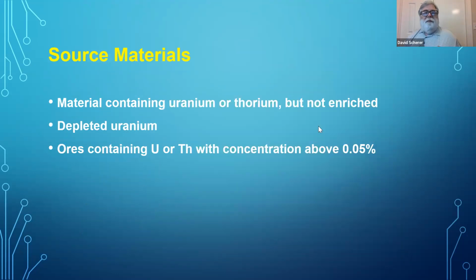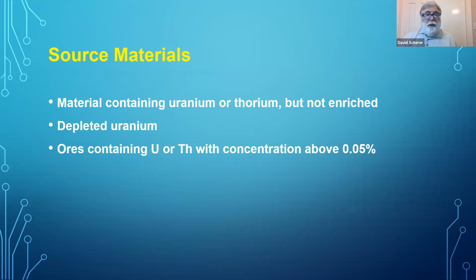So the Atomic Energy Act defines several kinds of radioactive material. These terms get used in our profession, so I'm going to go through them pretty quickly. First is source material. Source material is uranium and thorium that's not enriched.